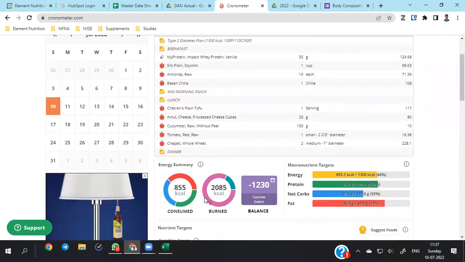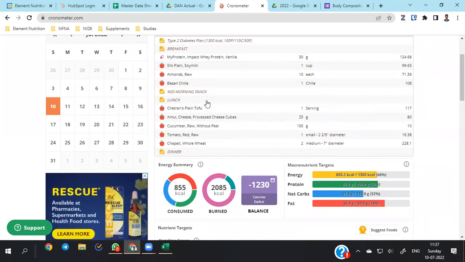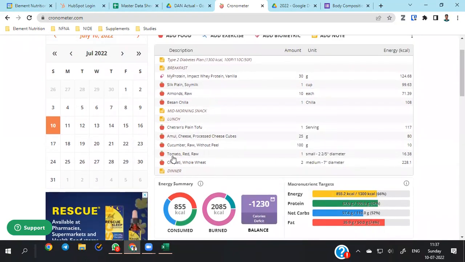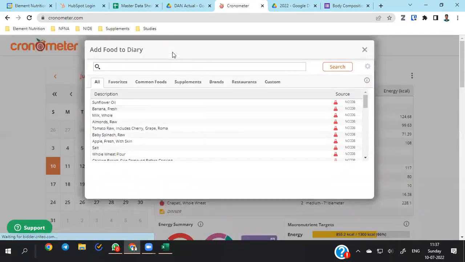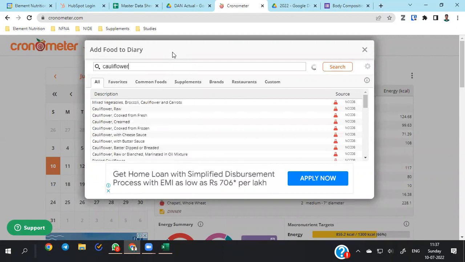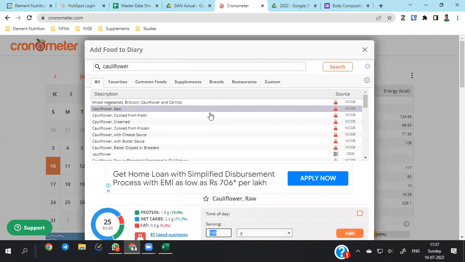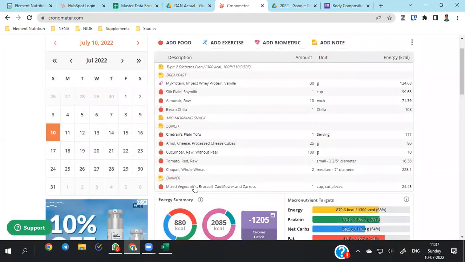We can add sprouts as well, but I think we want to save those calories for dinner. Okay, so we'll add the sprouts in dinner, and some vegetable, like here I want him to prefer the low starch vegetables. So something like cauliflower should be fine. I'll just take mixed vegetables. It will cover a variety of vegetables for us here.